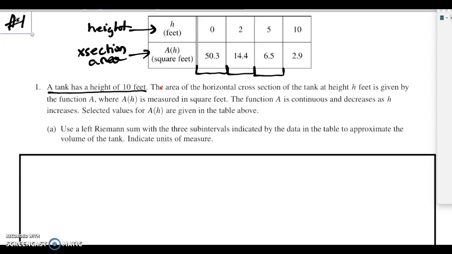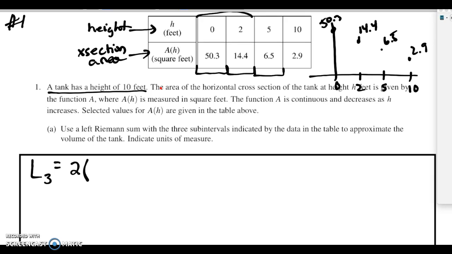This is a calculator question, so I'm going to write this out. I'm going to call it L3, doing 3 Riemann rectangles, equal to the width of the first rectangle, which is 2, and a height of... I should have mentioned this when I started, that I should draw a picture first.